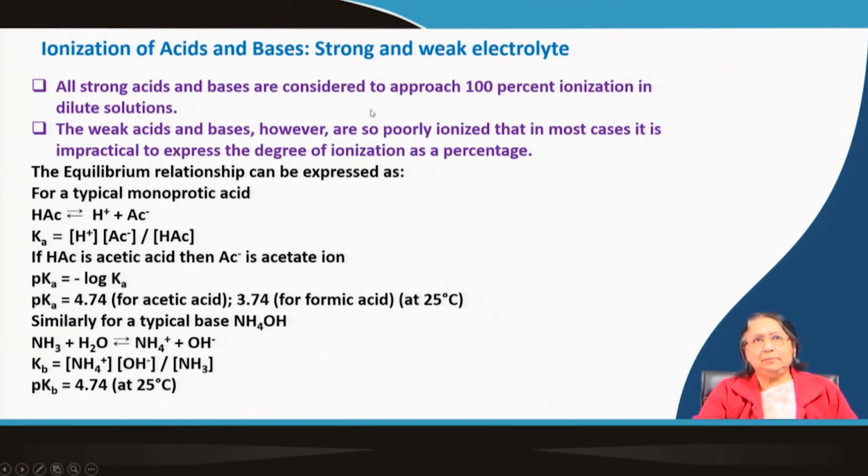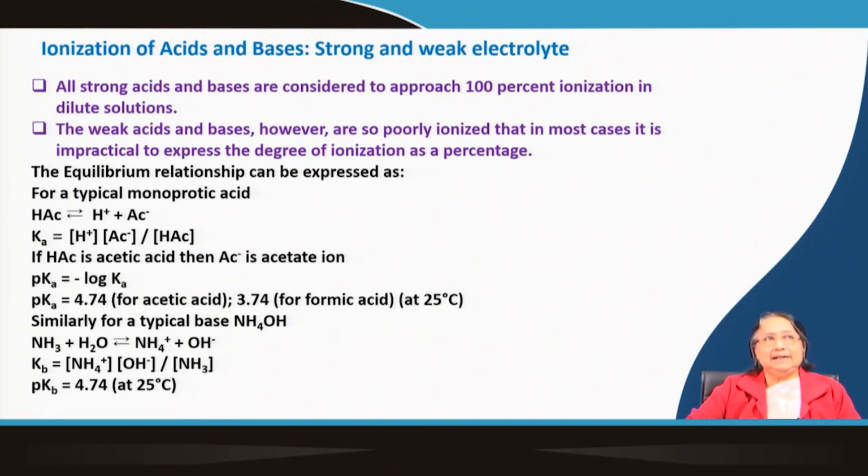All strong acids and bases are considered to approach 100% ionization in dilute solution. So, strong acids will be 100% dissociated. For example, if you put some HCl in water, then HCl will be completely dissociated. But if you put, say, a small amount of acetic acid in water, then it will not dissociate 100%.